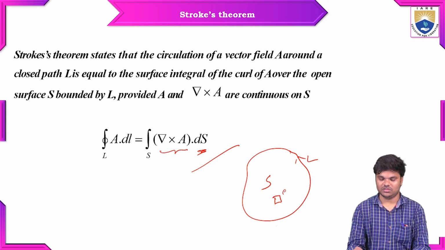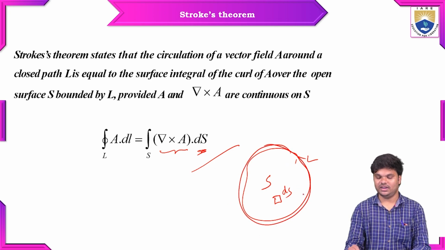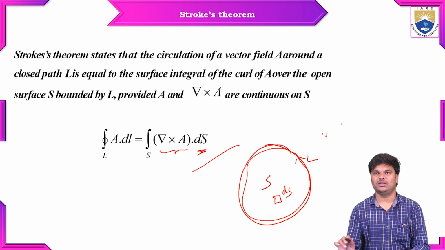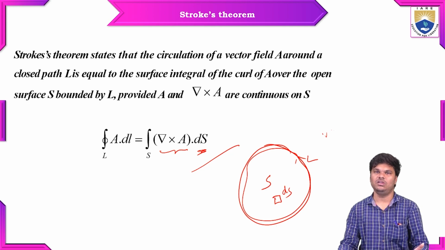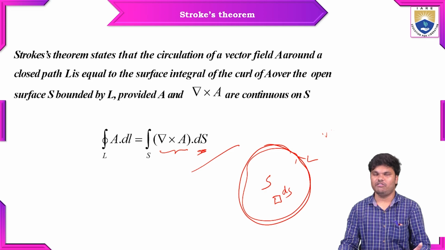This is ds bounded by L, provided A and del cross A are continuous on S. This is what is called Stokes' theorem. Line integral is equal to surface integral. Line integral of a vector is equal to surface integral of curl of that vector.